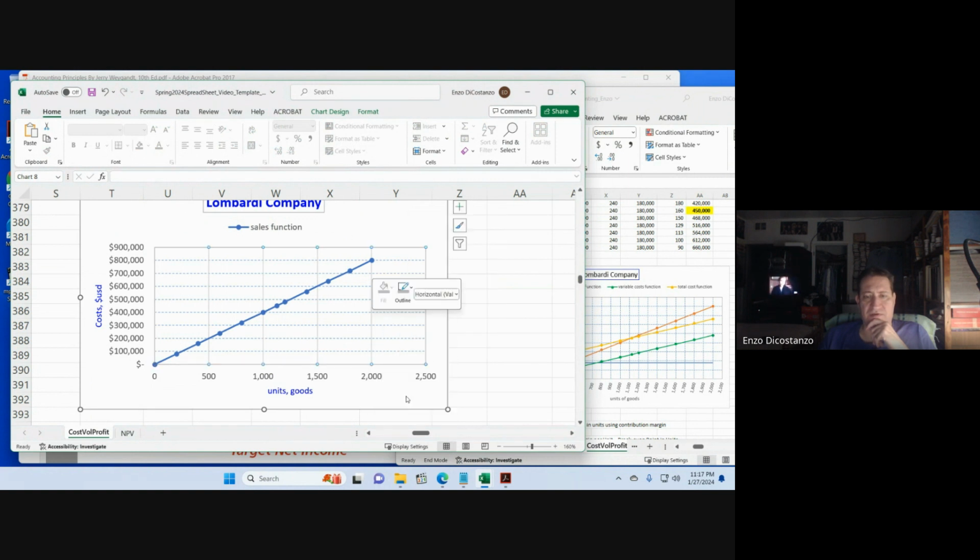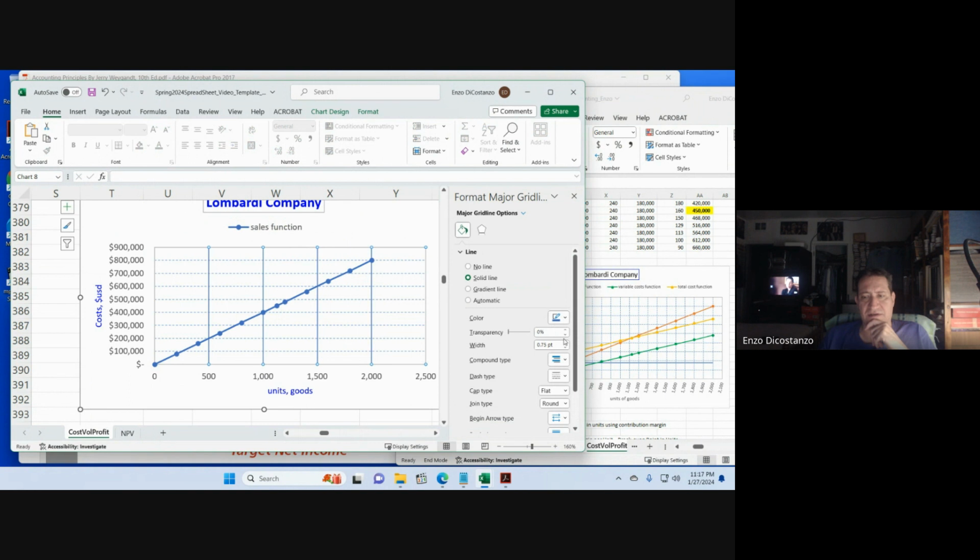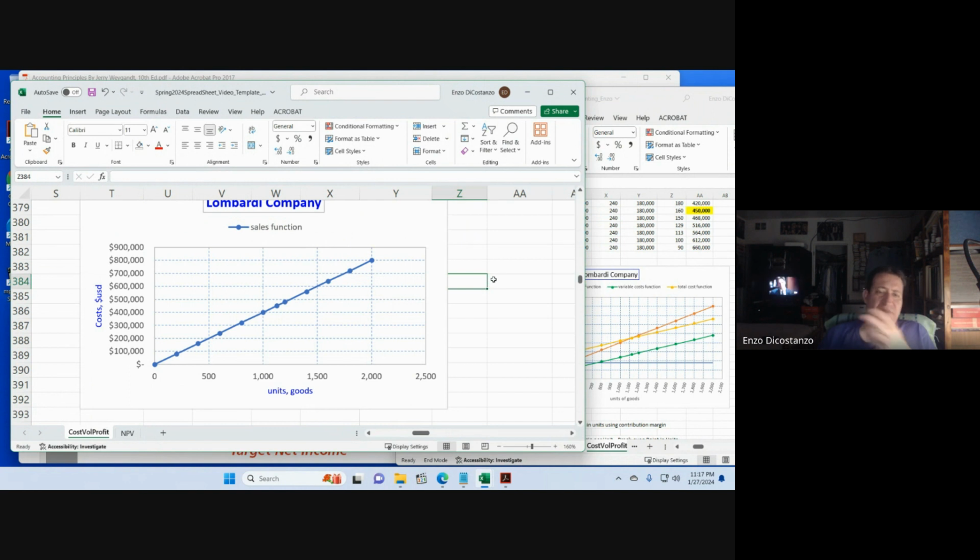Right click, gridlines, solid, half. You could leave that default blue in there, or make it gray. You see the blue pops up a little bit more. The gray you want to sort of fold into the background a bit. Okay, that was the sales function.